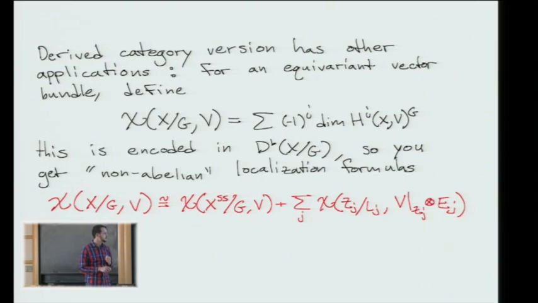What you end up with is that the virtual global sections of the vector bundle on the entire stack are the virtual global sections of the vector bundle on the semi-stable locus, plus some correction terms, which I'm not going to describe in detail, which are the virtual global sections of that vector bundle restricted to each of these special strata. So that's a formula that holds for any algebraic group acting on an algebraic variety.